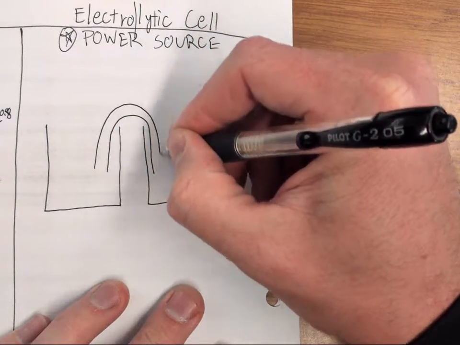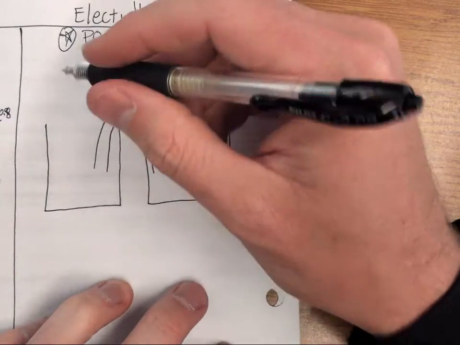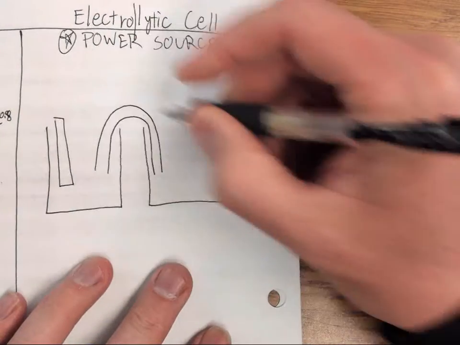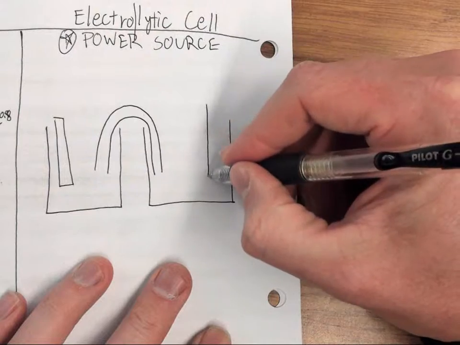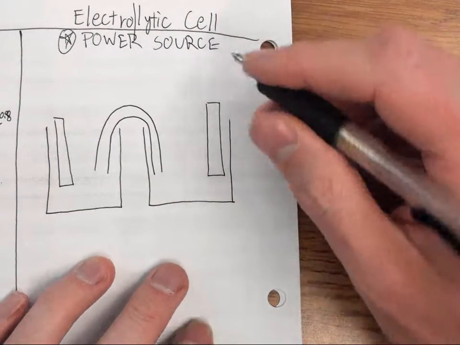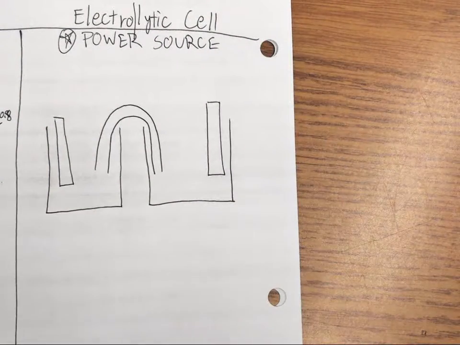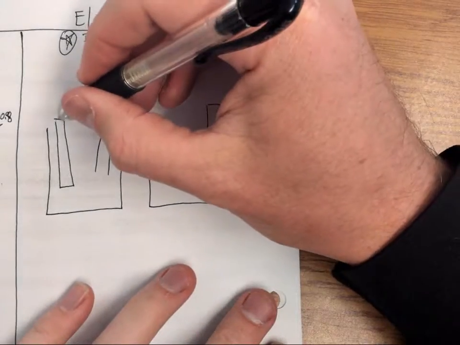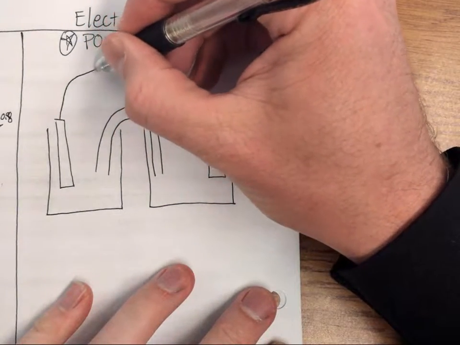And we have our electrodes, the pieces of metal that get stuck in the solution. The big difference here, though, is we're going to have a battery at the top.